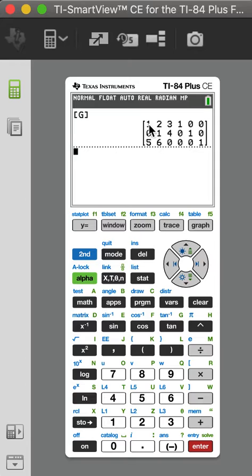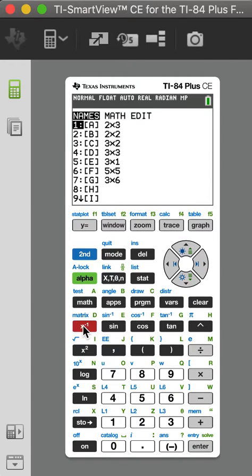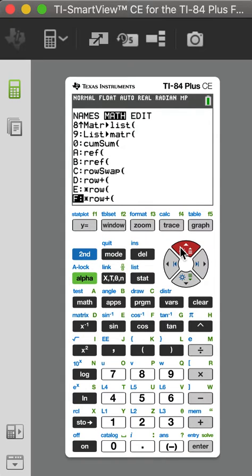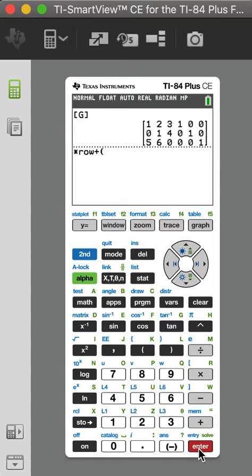So we have a 1 in our top left, we have a 0, now we need to get rid of this 5. So we're going to go to our matrix, and we're going to do the multiplication and add.